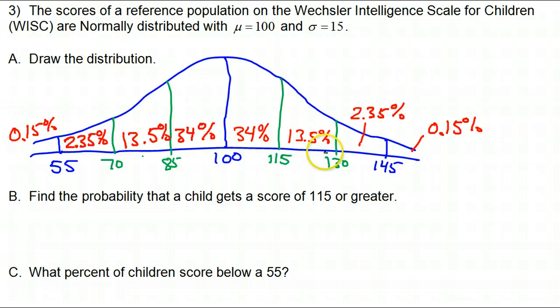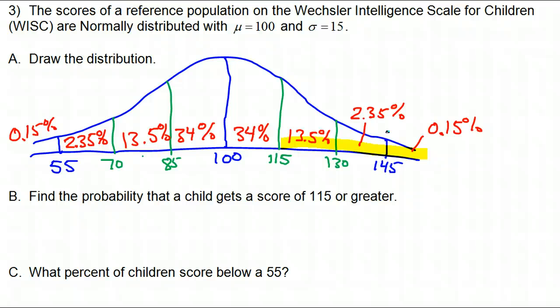So anyway, the probability that a child gets a score of 115 or greater. So 115 or greater is from here over. So just add up these three percentages. You're doing 13.5 plus 2.35 plus 0.15.